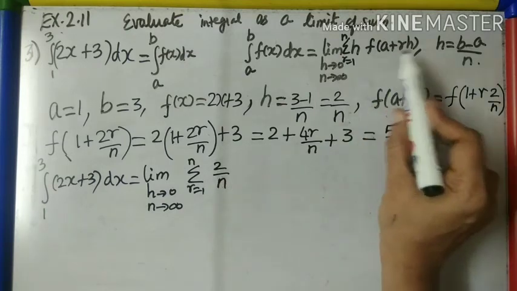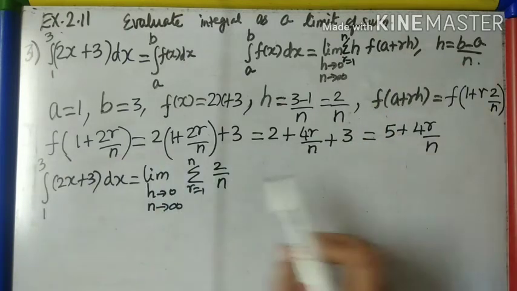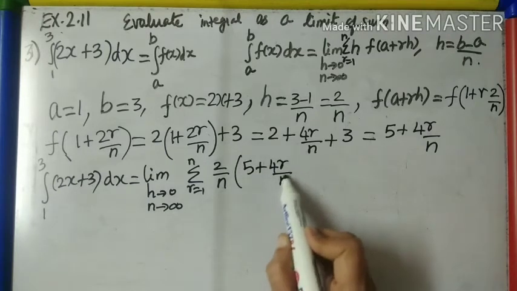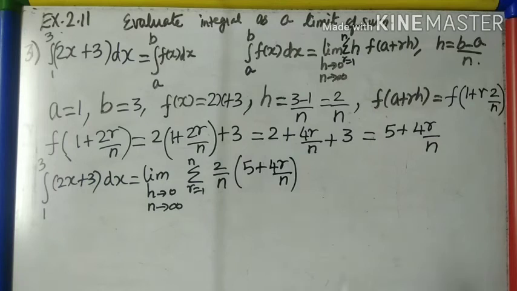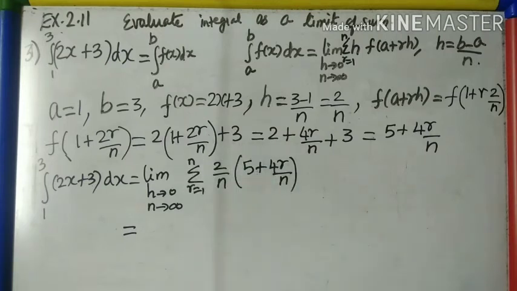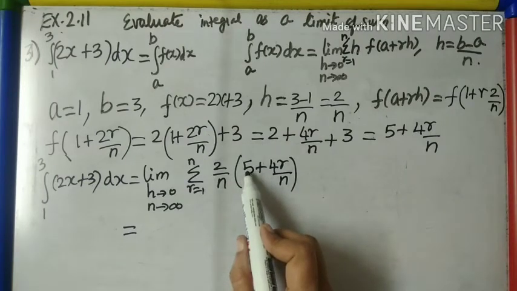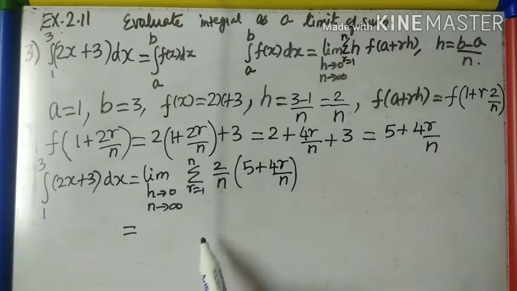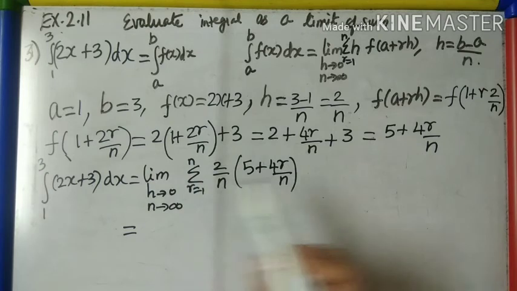What is f of a plus rh? Here we have calculated 5 plus 4r by n. The next step, I need to bring sigma inside. Remember the formula, 5 is a number. How many times I am adding 5? n times. So 5 will become 5n.